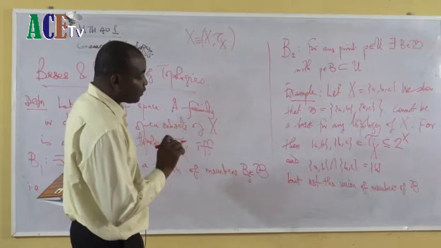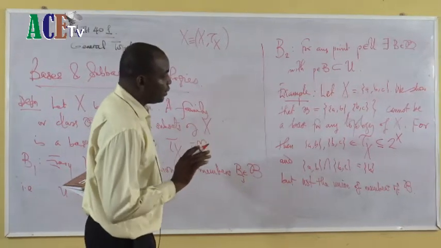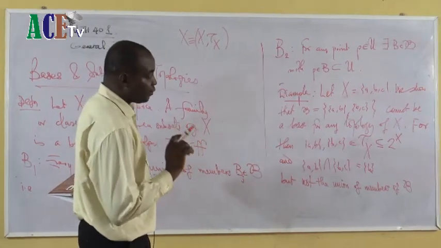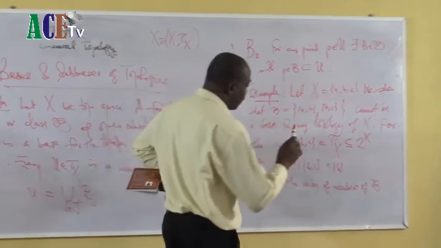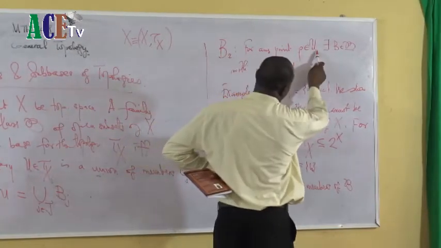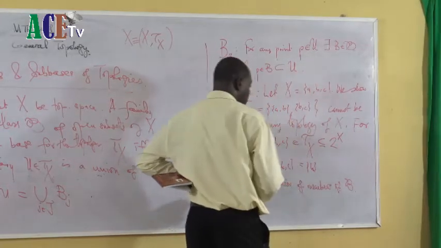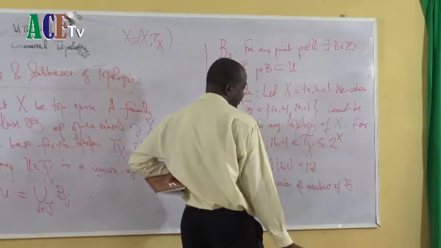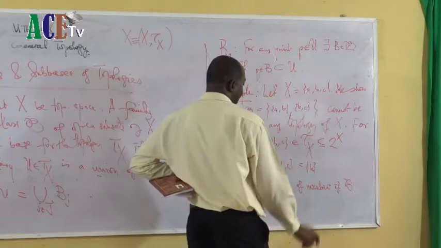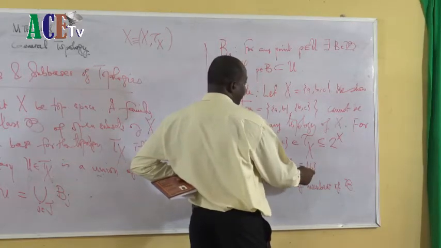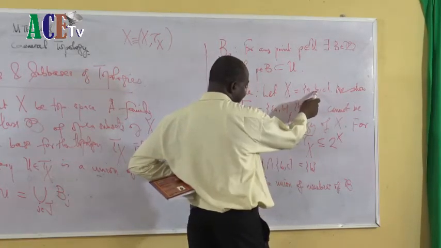Now, there is a statement that for any point P belonging to U, of course, B here is a point in X, isn't it?